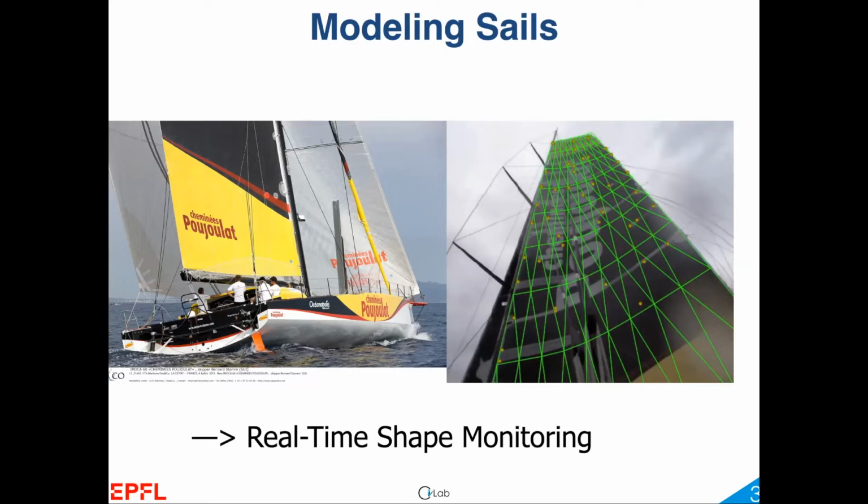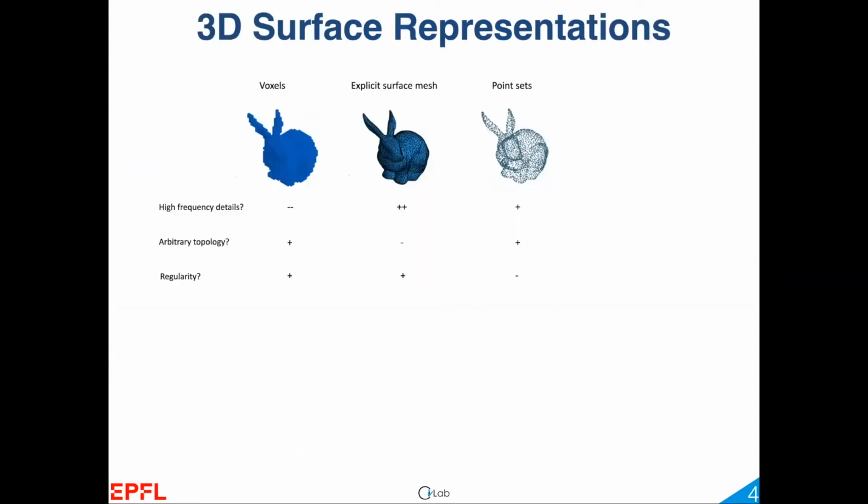And I'm coming to what I really want to talk about today. We've spent many years developing algorithms that can be used to reconstruct 3D surfaces from images. These algorithms are based on explicit surfaces.